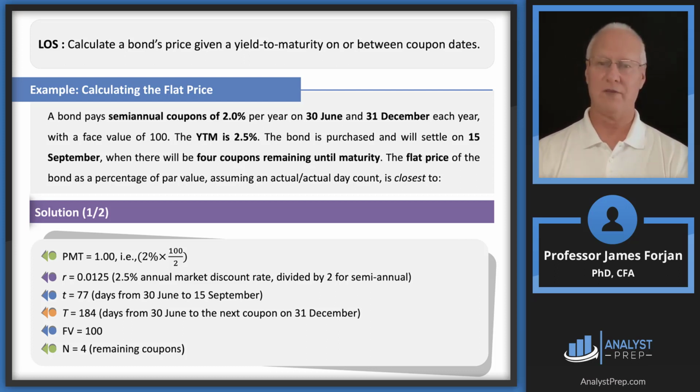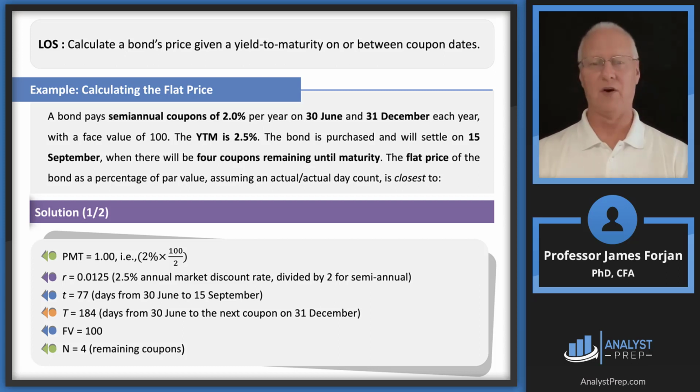If the Institute gives you dates like this and asks you to get your fingers out and calculate 77 days and 184 days, this would have driven me crazy. So I'm guessing that in the question stem they'll say something like, you know what, that's 77 days. Or they'll have some interesting way of telling you not to count all of the months, but they'll give you some really easy information so that you can come up with the 77 and the 184.